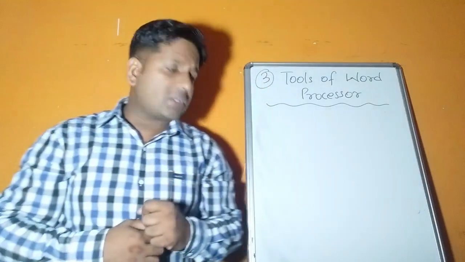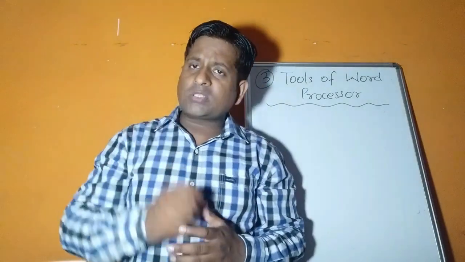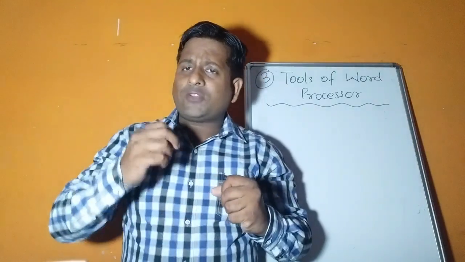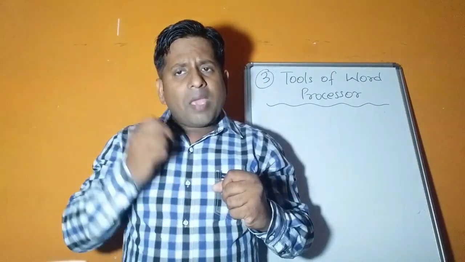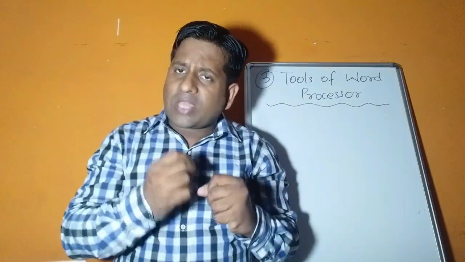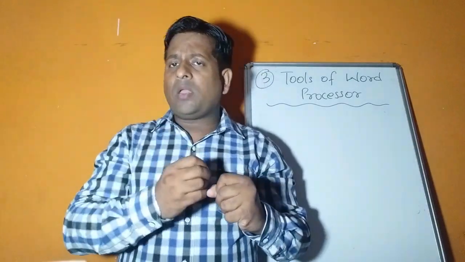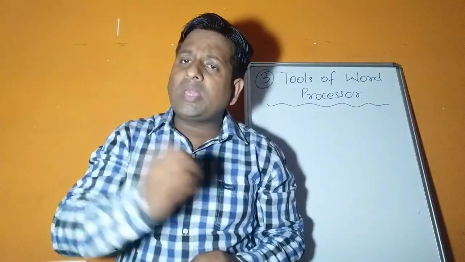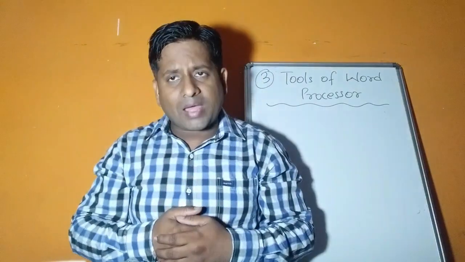In the previous class we discussed one important tool, that is undo and redo. I told you that if we make a mistake or delete something while typing or performing any work in Microsoft Word, we can use our undo key to regain that.